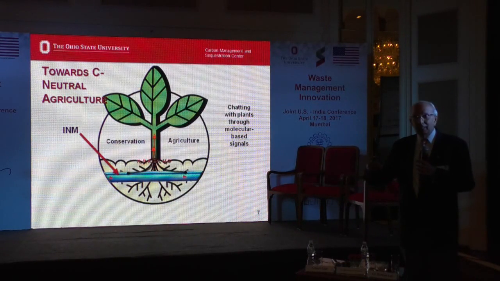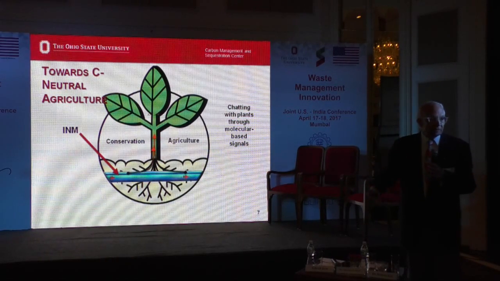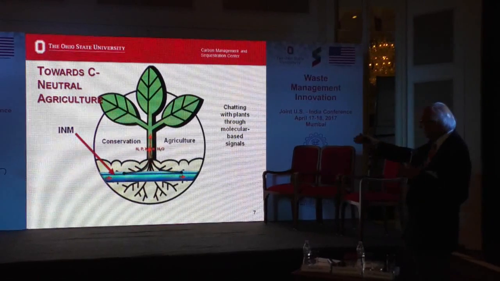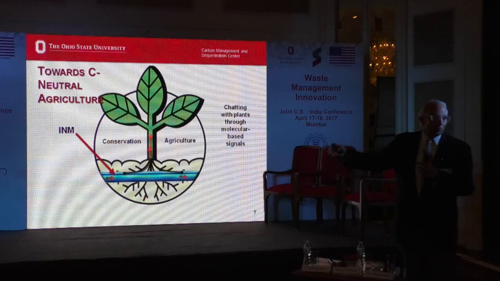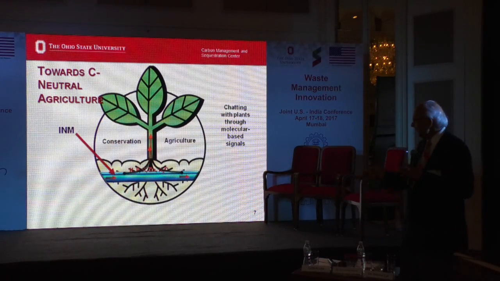Plant will emit signal that we can detect those signals by remote sensing. Then we can have a targeted intervention. We must apply water and nutrients directly to the roots, not just flood them and hope plants will get it, so that the losses are much less. And that is the kind of agriculture we need to have.